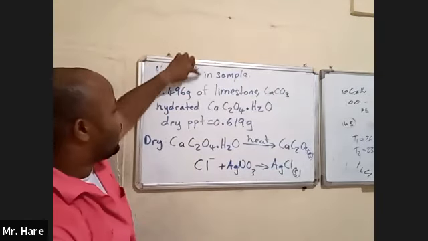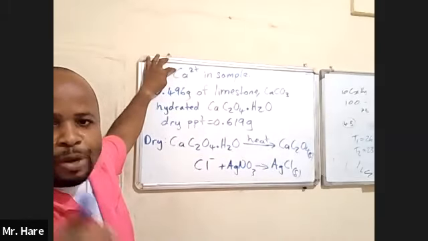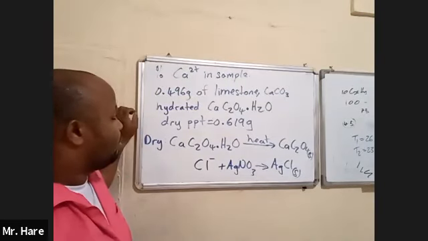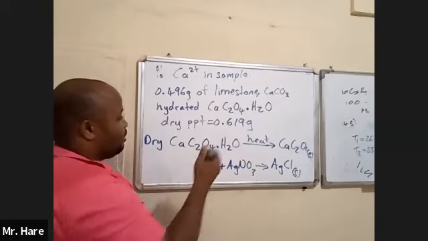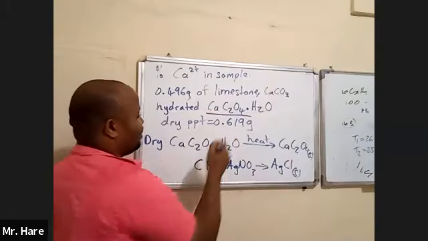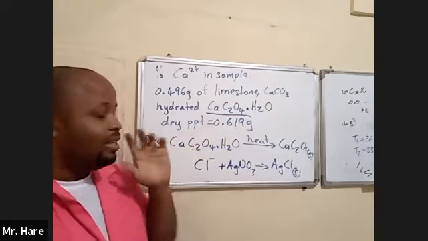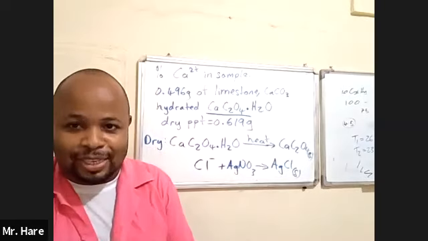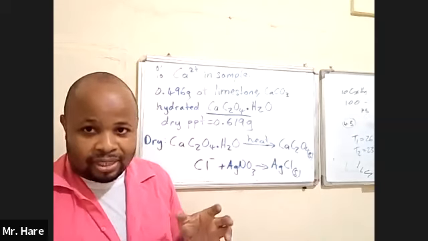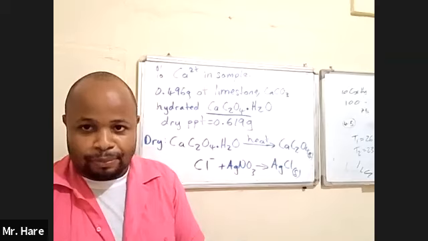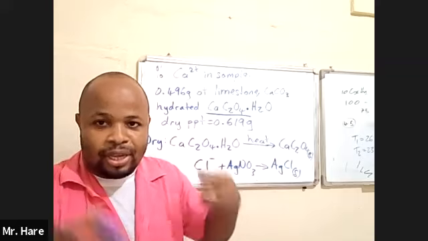So if I am interested in calcium ions, the calcium ions were precipitated as what? They were precipitated as calcium oxalate. So in the question we're analyzing, we want to figure out the percentage of calcium ions in a sample of calcium carbonate. So we need to get the calcium ions from the carbonate ions.